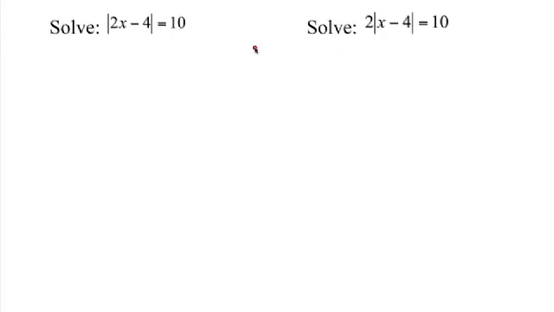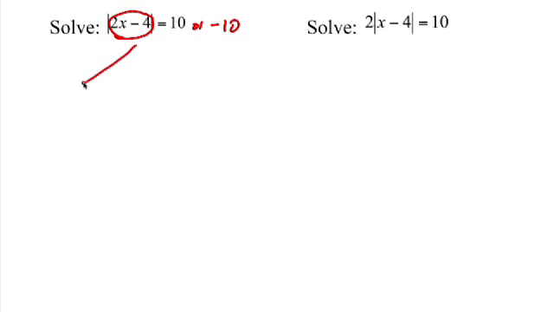These next two look more like what you're used to seeing in ALEKS. Here's an equal sign, and again, I use 10 specifically for this problem. Students see this and they go, oh my goodness, what do I do? Well, remember, all we're trying to figure out is what value of x makes all this in here either equal to 10 or negative 10. Because if I hit it with the absolute value sign after it equals 10 or negative 10, the answer is going to be 10, which is what I want.